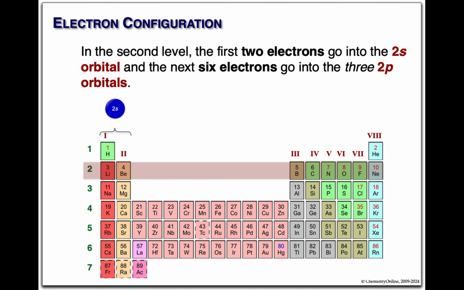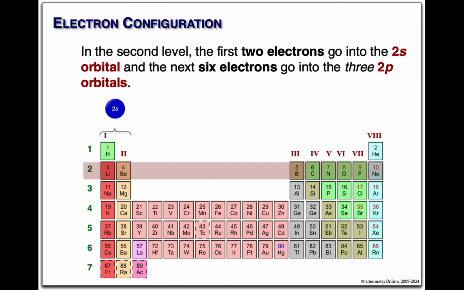Therefore, electrons act as if they were little balls, even though they're not. And they're spinning, even though they're not. But they do generate magnetic fields up and down. We use little arrows to represent up and down magnetic fields.